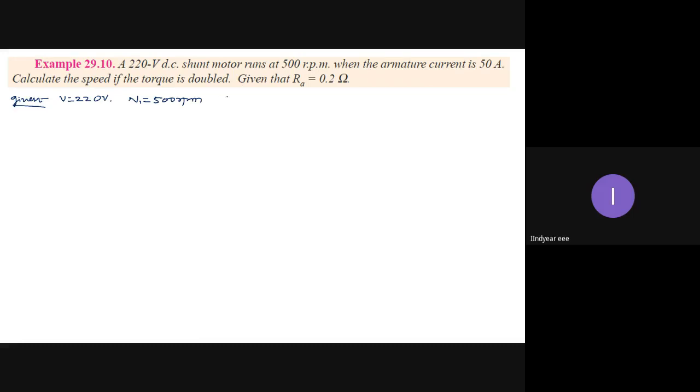Let me take this as IA1 equals 50 amperes. And RA is equal to 0.2. So this is a shunt motor.